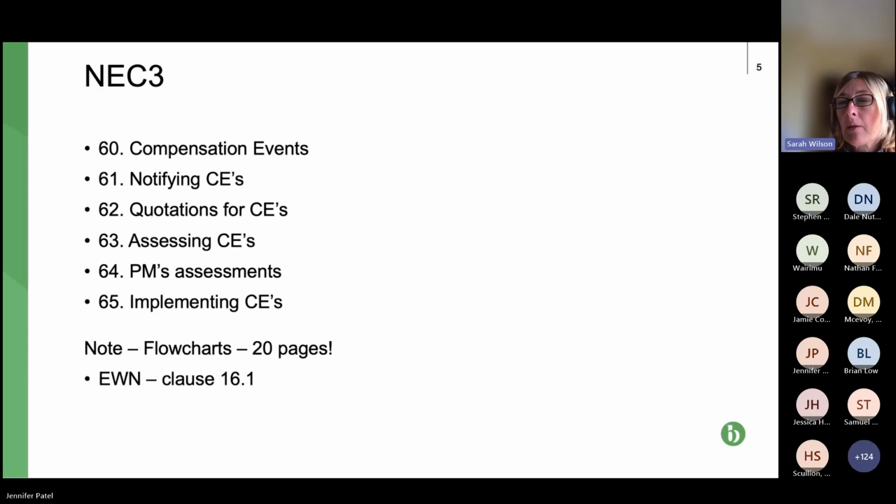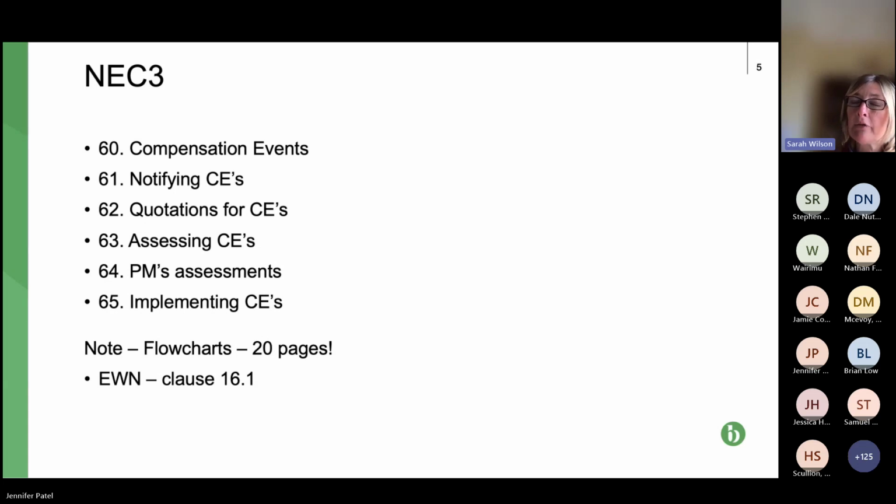Now, if you're familiar with NEC, you'll know that in comparison with JCT, which looks at exceptionally adverse weather, which is quite subjective, the NEC is very prescriptive in that the claim fails or succeeds based on what the weather records, the meteorological records, are for the particular area at the particular time.